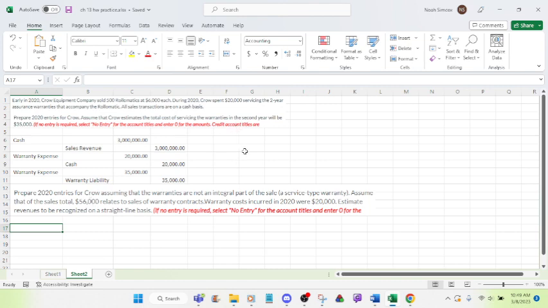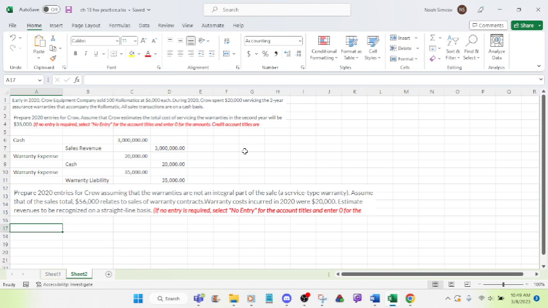56,000 relates to sales of warranty contracts. Oh man. Do you divide it into 2 separate things?